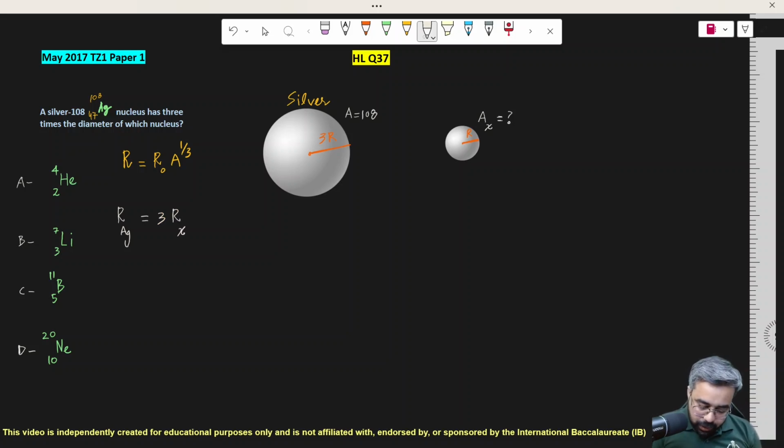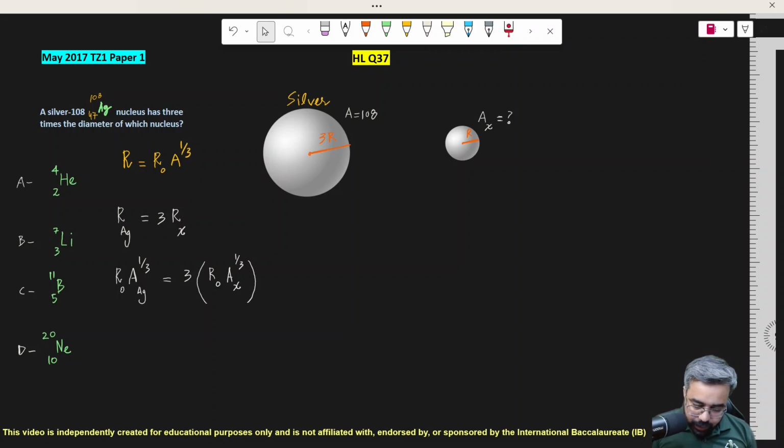Now, the radius of the silver can be written as R0, which is the Fermi radius, and its value is a constant. It will not be affected. So R0 times the nucleon number of the silver raised to power 1 over 3 is equal to 3 times R0 times A_X, the unknown nucleon number, raised to power 1 over 3.